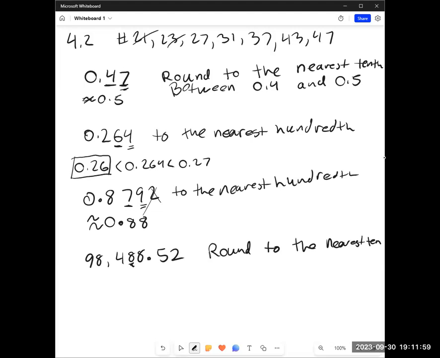So we want to round it here to the tens place. The decimal part is not significant at all here. So we're going to round up here: 98,490.